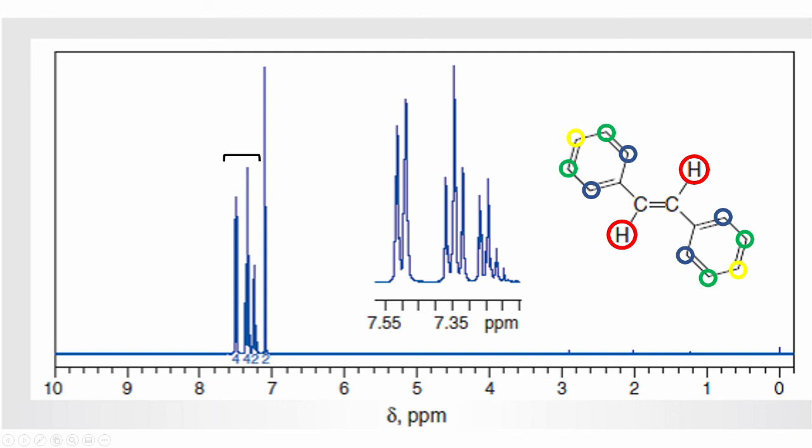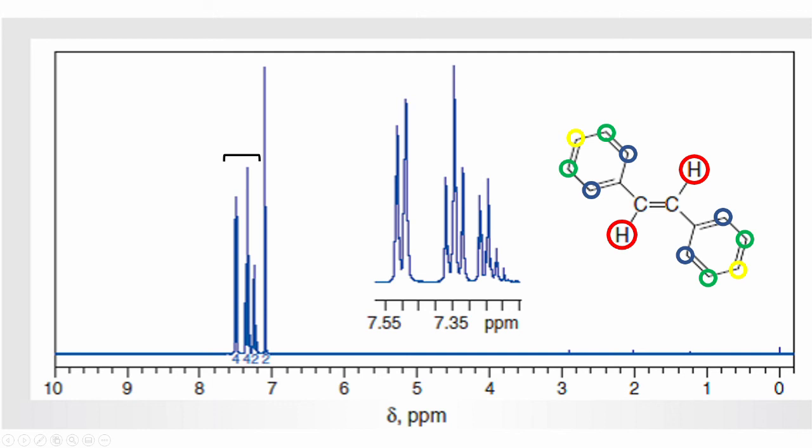The easiest one to start off with is this blue one here. This blue has one neighboring hydrogen in the green, but no neighboring hydrogen here, so we should see a doublet, which is this one here. Moving further away from the center of the molecule, we get to the green ones, which should have a hydrogen over here and a hydrogen over here, which should give us a triplet.